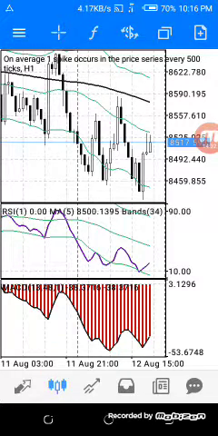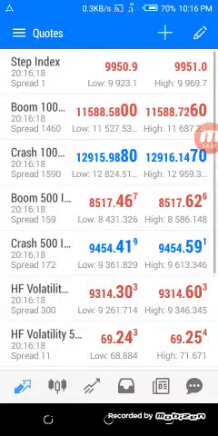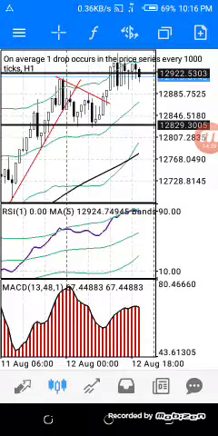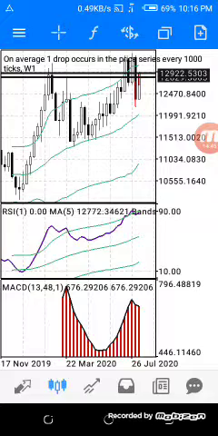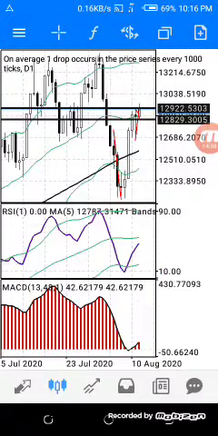Okay, now we are looking for, let's go for Crash 1000. Let's go to weekly, it is bullish, so we are buying Crash. We go to daily, we are also buying Crash 1000.